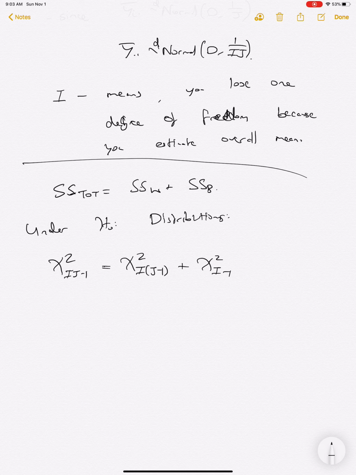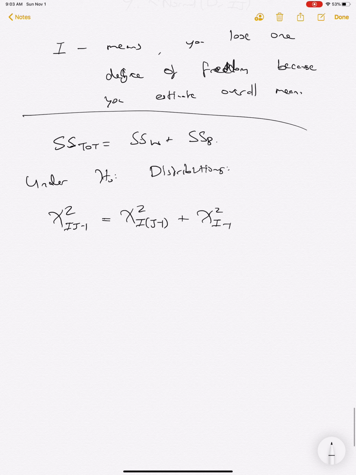So the intuition behind this, I think, is very, very nice and very, very clear. The idea here is that we have ij samples in total.